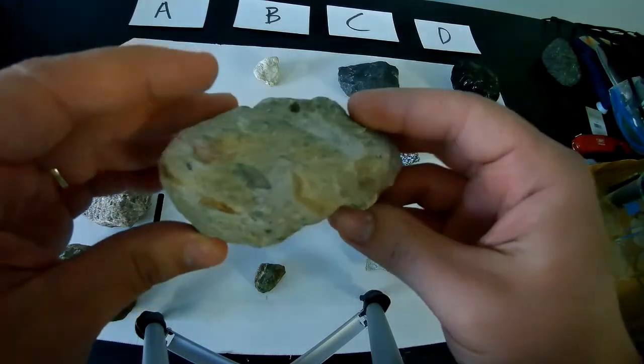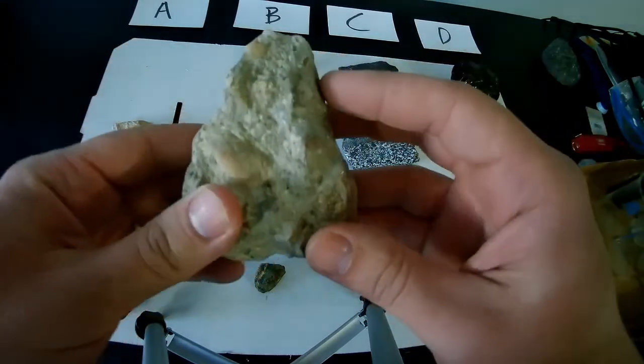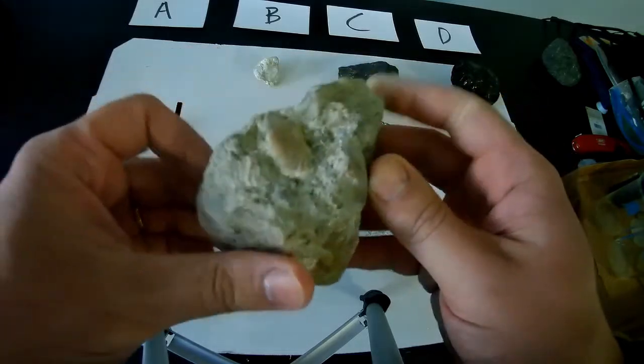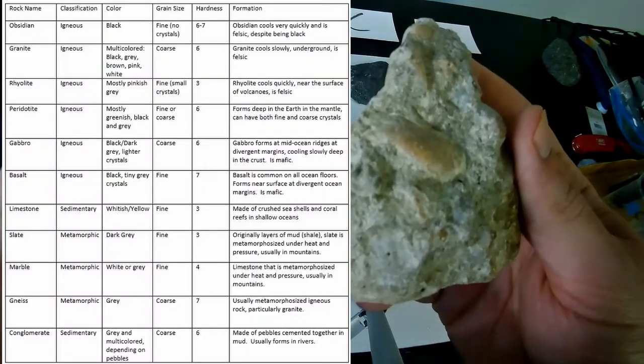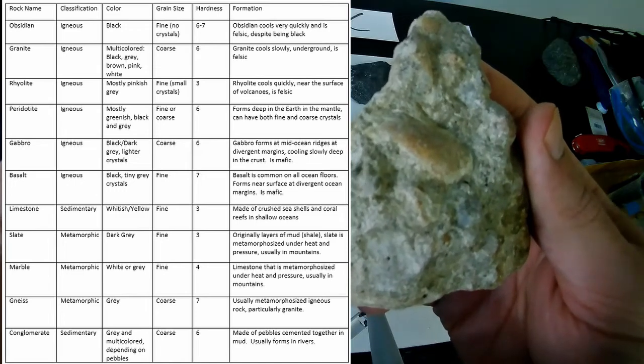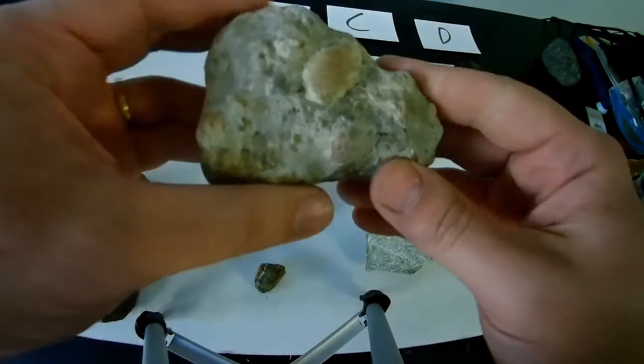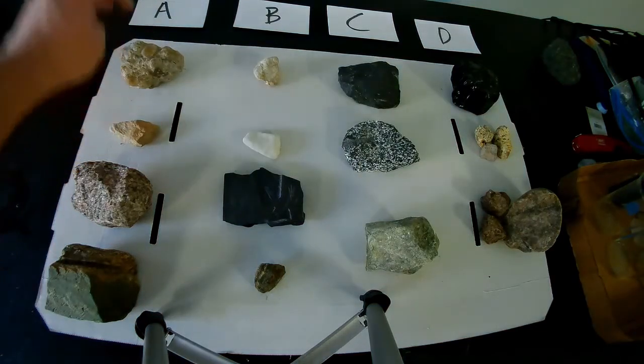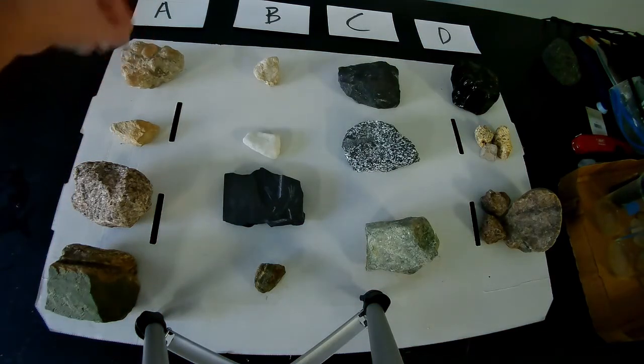So what rock do you think this is? All right, so that's our rock at the surface of our sediment. So this would be our youngest rock in this area.